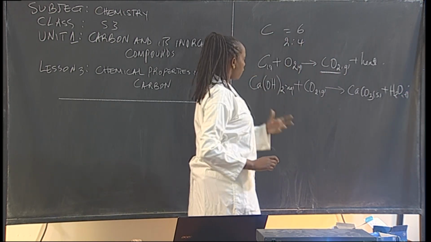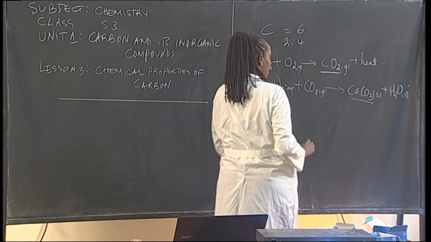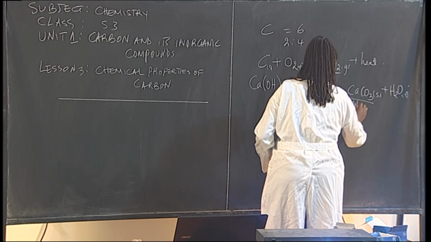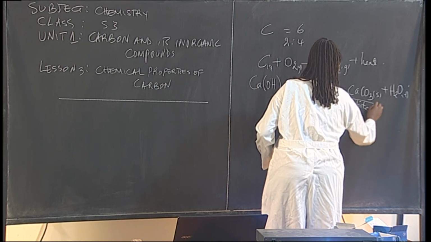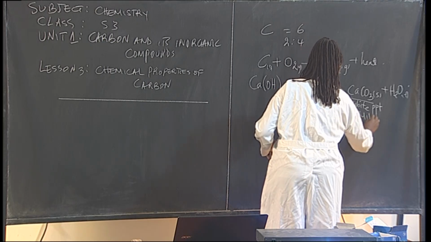The formation of calcium carbonate is a white precipitate, white PPT. In other words, sometimes we say milky.